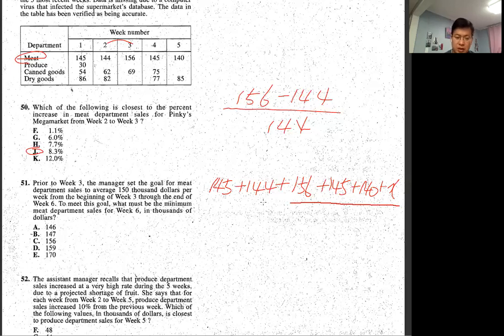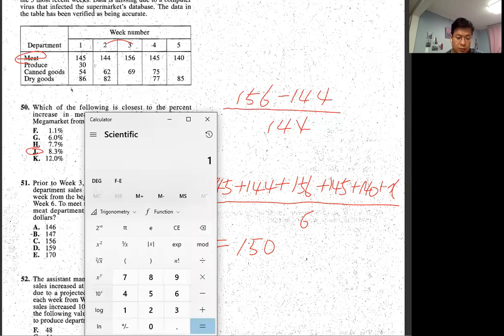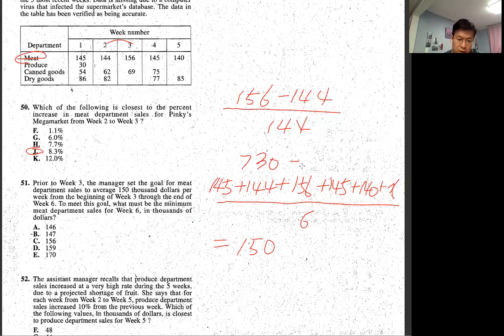We don't know the x for week 6, but divided by 6 has to be 150, is what we're looking for. So 6 times this, 900.